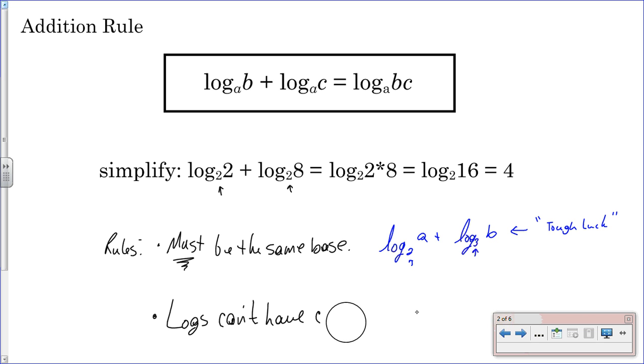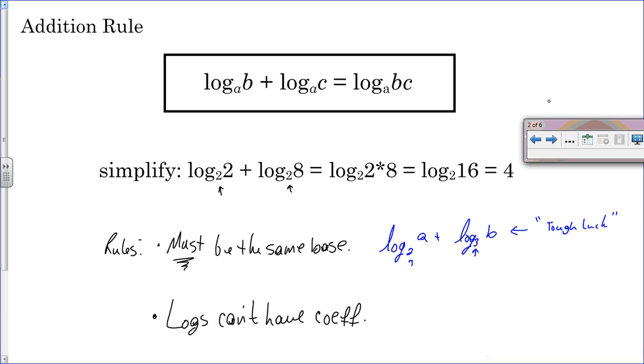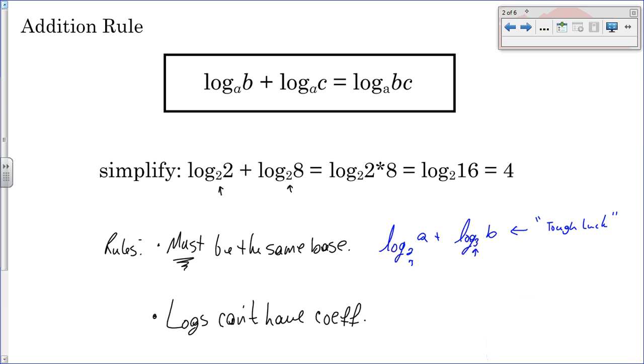So for example, you can't do 2 times the log base 2 of 2 plus 3 times the log base 2 of 4. That's another tough luck. You can't use the rule.